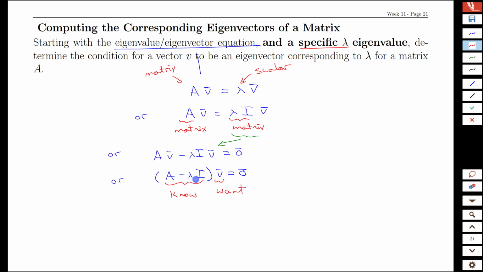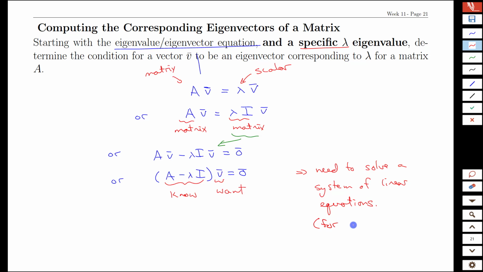And so all we have to do, hey, that's a system of equations, right? Some matrix times V equals 0. That means we just need to solve a system of linear equations, and we've done that before.